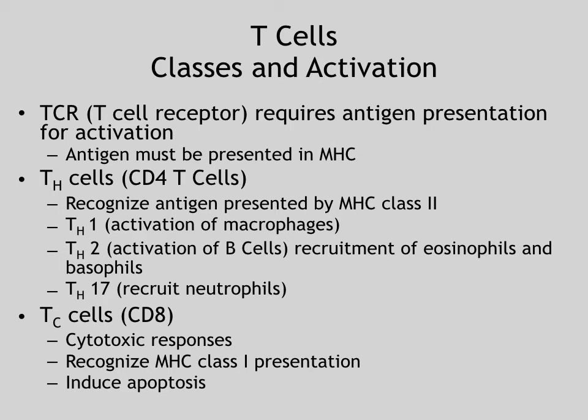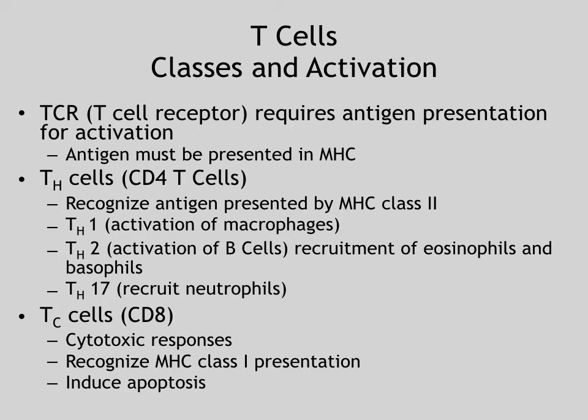When it attaches to that MHC class I, it will release compounds known as death packages to induce apoptosis. And apoptosis is programmed cell death. So virus-infected cells in particular tend to be very susceptible to the cytotoxic responses like cytotoxic T cells.